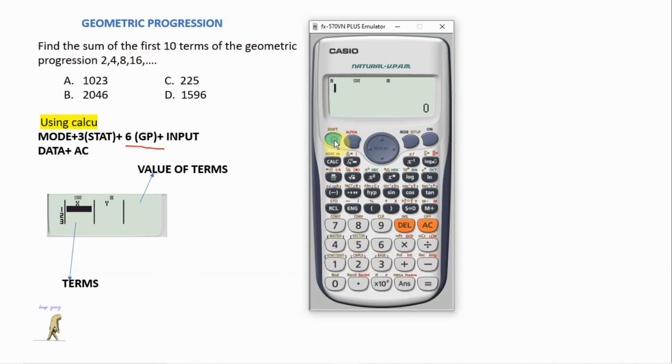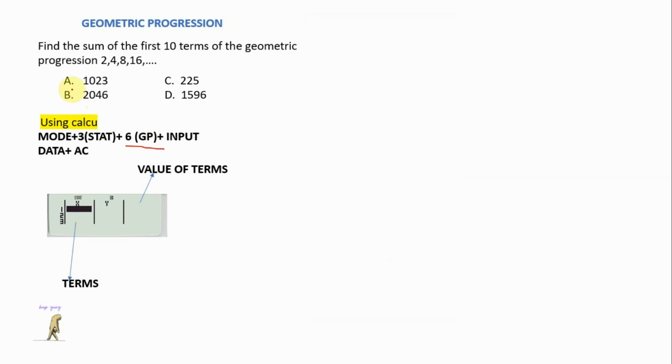We need to press shift, then log, then we need to get our x, then y, then comma, and then our first term, and then our last term for this question, which is 10. So we're gonna press equals, we will get the value of 2046, which is, again, letter B.